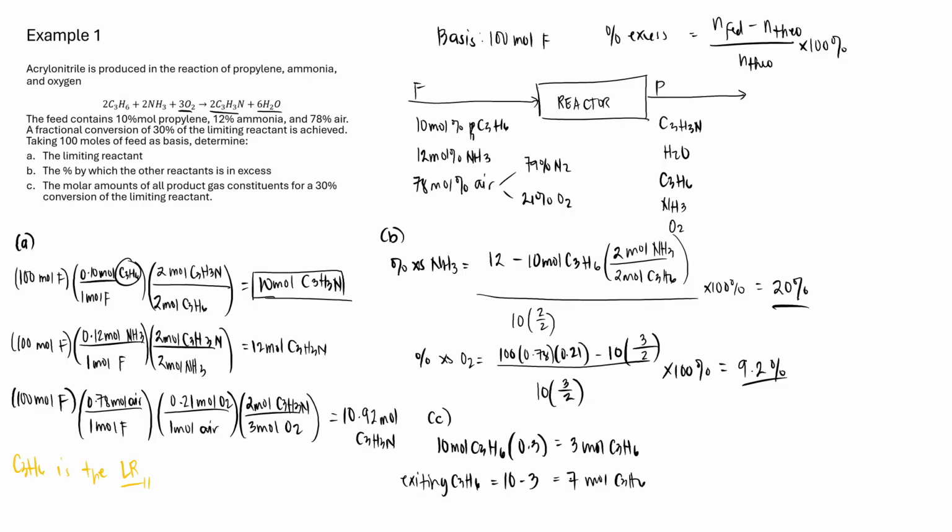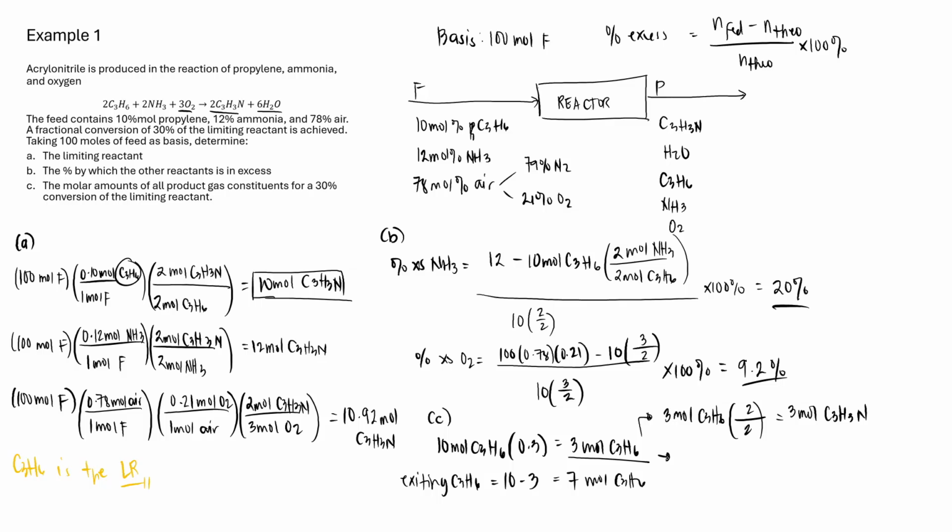Next, based on the reacting C3H6, we can find the acrylonitrile and H2O produced. So 3 moles C3H6. Since C3H6 and acrylonitrile are in a 1:1 mole ratio, that's still 3 moles C3H3N.